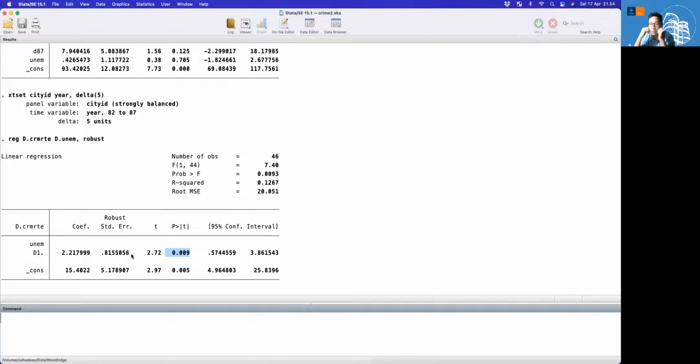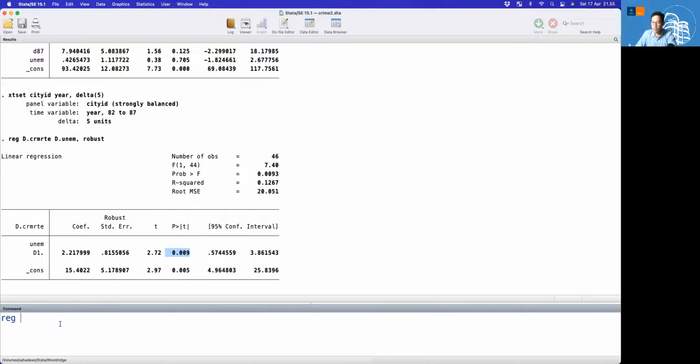Again, why do we need to include more explanatory variables? We include them so that factors that affect y that would otherwise be in the unobservable or composite error term will now be in the model, so that you reduce the possibility of getting a biased estimate of the unemployment effect.